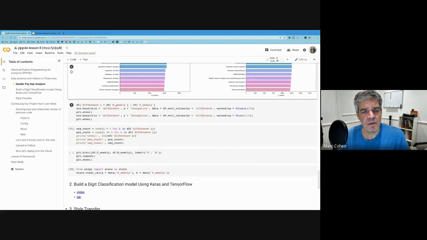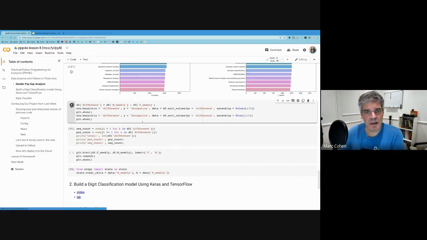So for each occupation, it tells me the difference between the male compensation and the female compensation. And then I can generate a bar plot with that, showing the difference. And I'll also do ascending equals true, so I'll get both the top down and the bottom up.